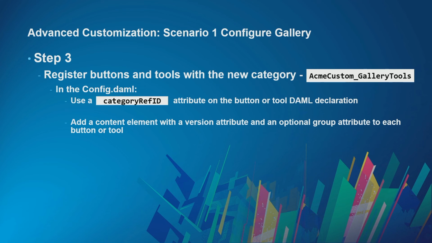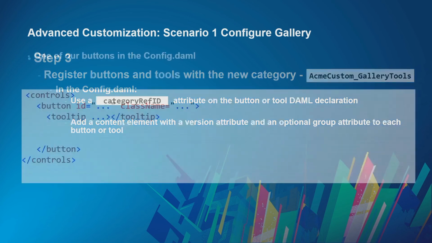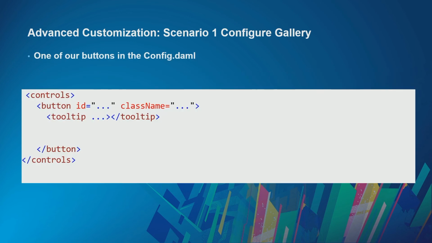I use the category ref ID attribute on my button or tool DAML declaration. And then I add my content child element with the version attribute and the optional group attribute. Now let's step through the code snippet to see how this is done. So what you see here is a button definition inside the controls group in the config.daml.